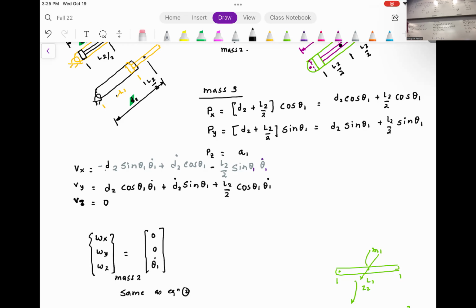Okay. Now, next step is I'm going to take these equations and code these inside MATLAB so that MATLAB can take this Lagrangian, find the differential equations of motion, integrate those differential equations of motion, and provide the solution.